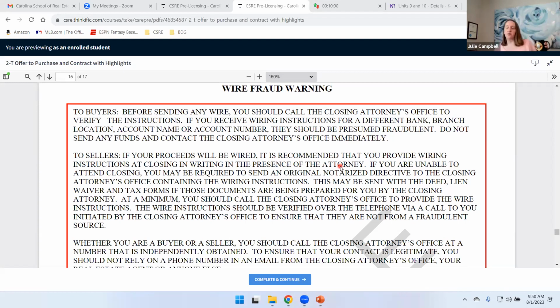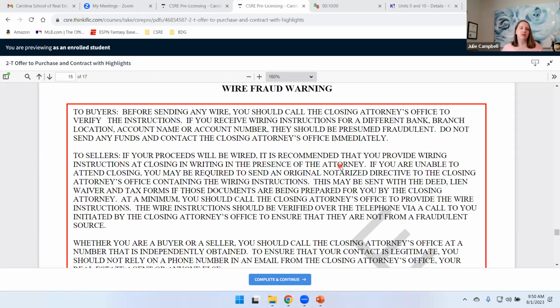Warning to buyers that plan to send their closing costs to the attorney via wire transfer. Warning to the sellers if they want to receive their proceeds as a wire transfer from the attorney. Bottom line, you guys, when it comes to wire fraud, real estate agents should not, and your firm probably has a very strict policy on this, be emailing wire transfer instructions.